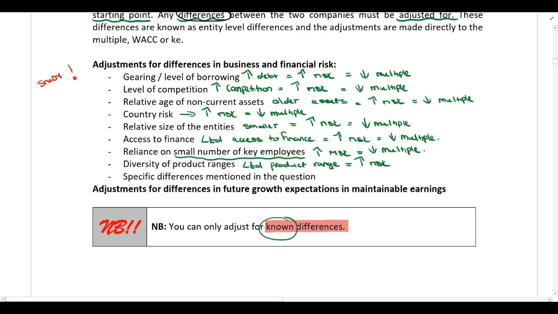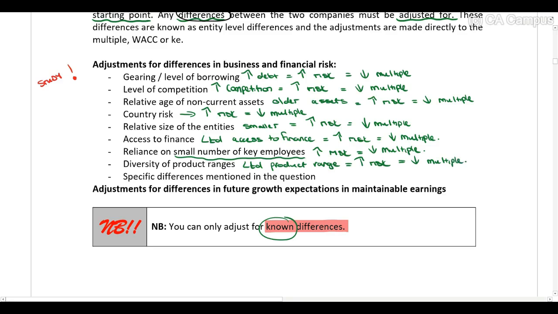Because if demand for those products deteriorates, that will have serious consequences for the company. On the other hand, if you have a very wide product range, that decreases your risk, because if demand for one of the products decreases, it won't necessarily have such a big impact on the company. So if they have a limited product range or a small product range, that increases their risk, and we will decrease the multiple.